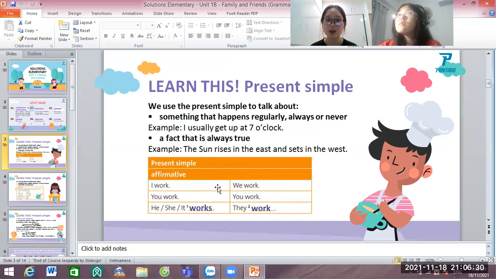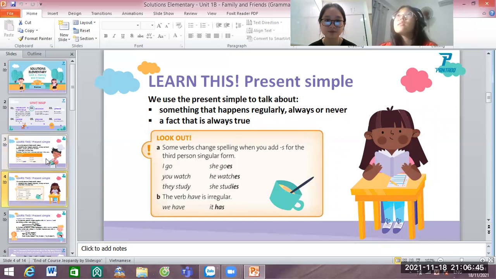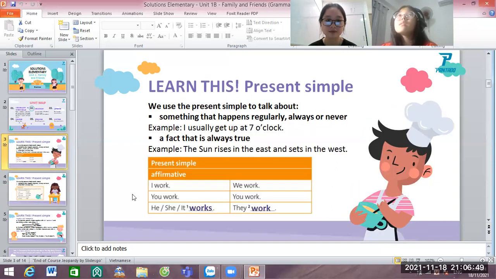When we use I, we, you, they, the verb does not change.